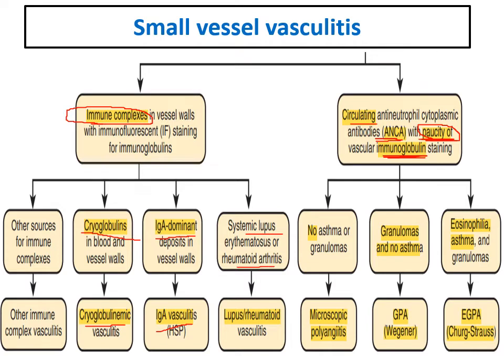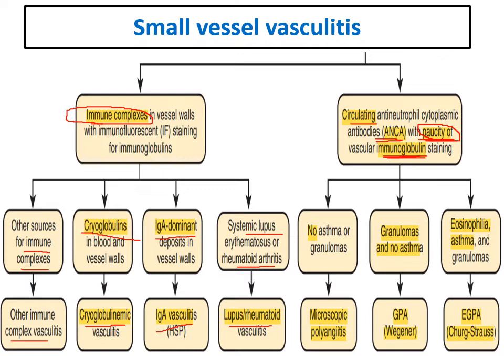They are autoimmune disorders characterized by immune complex formation, and both can cause vasculitis, or any other source of immune complexes, and these immune complexes mediate the injury to the blood vessels. So these are the most common causes of immune complex small vessel vasculitis: cryoglobulins, IgA, systemic lupus, or rheumatoid arthritis.